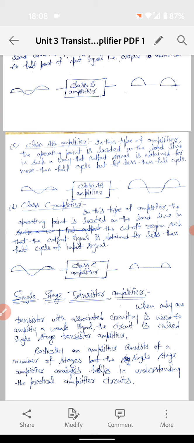Then we have one more category, which is known as the class C amplifier. In this type of amplifier the operating point is located on the load line in the cutoff region such that the output signal is obtained for less than half cycle of the input signal.